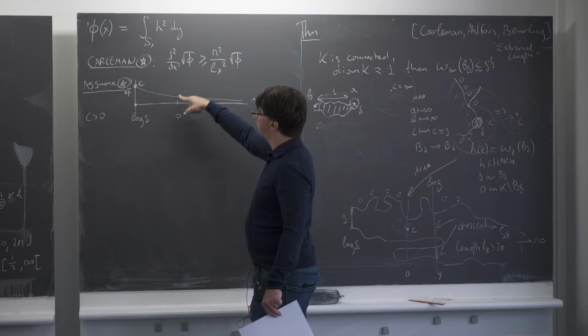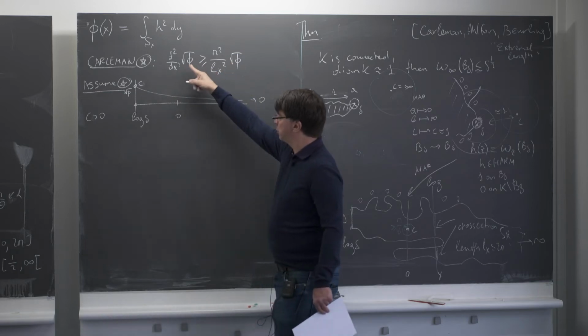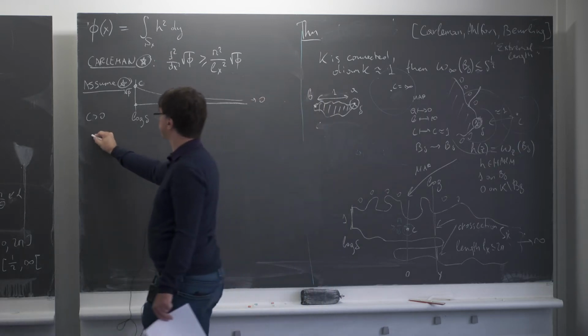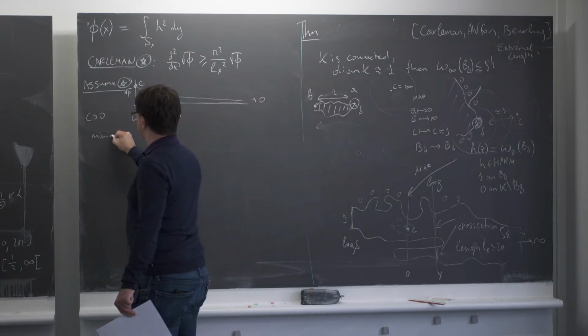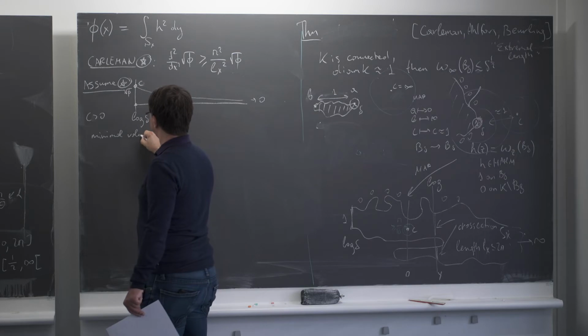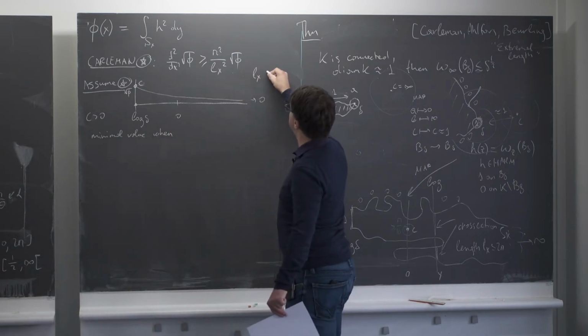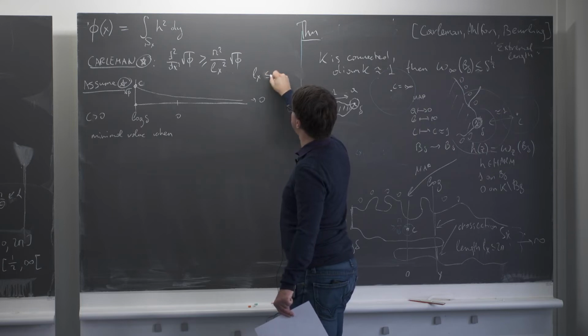So the minimal value, if you have this inequality, will be when there is an identity. We also know that the length L of x is at most 2 pi.